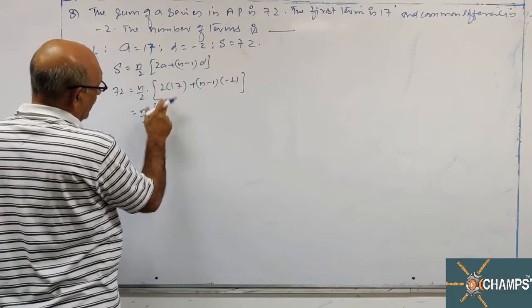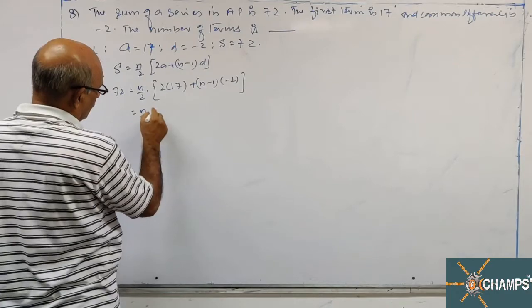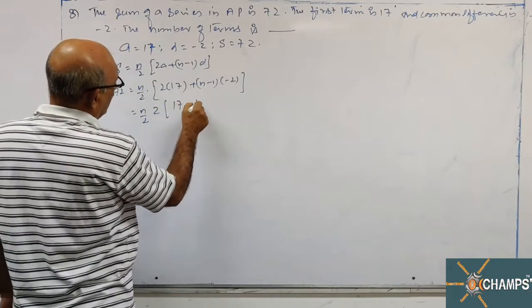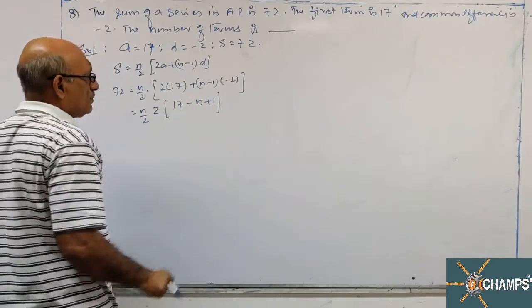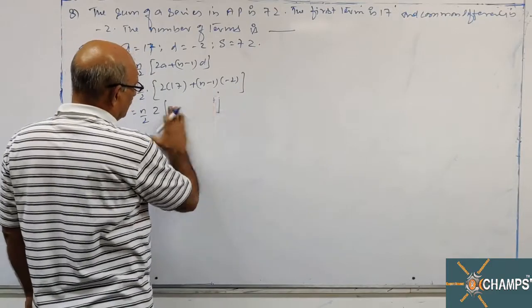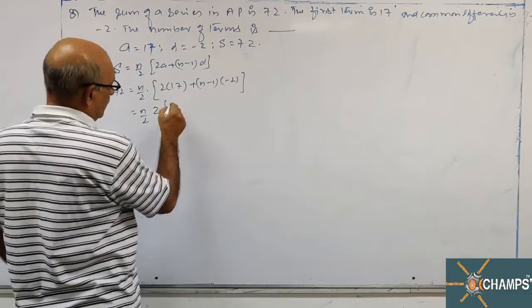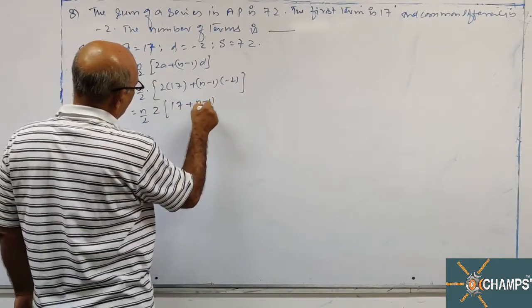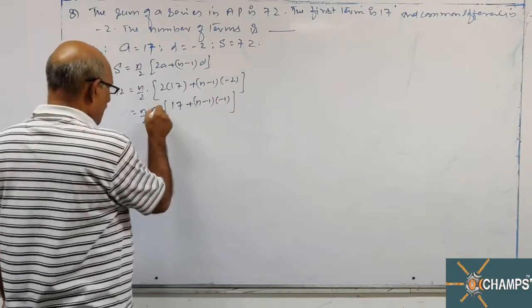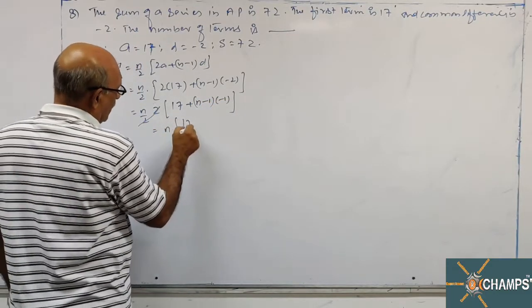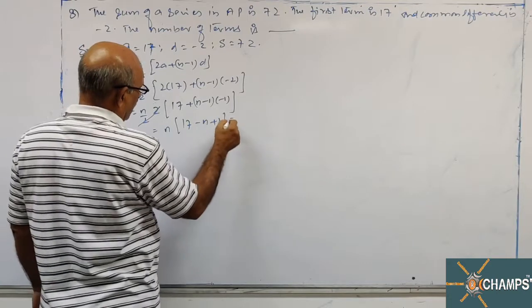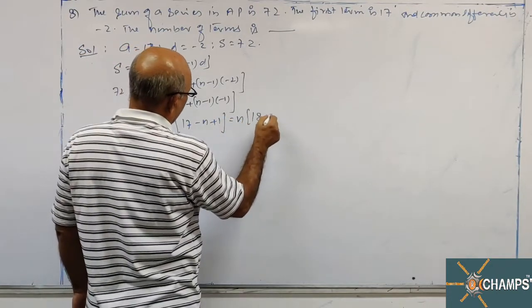You can take 2 as common, 17 minus n plus 1, cancel. 17 minus n plus 1, 18 minus n.